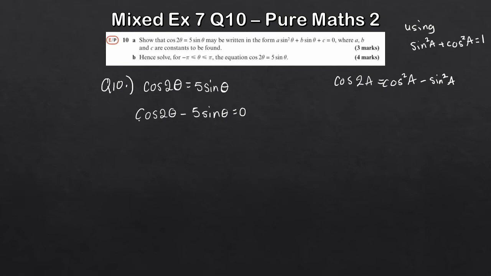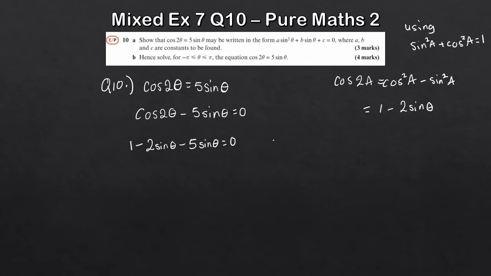So we want a quadratic in terms of sine. So for this case here, we need to use the fact that we can write this as 1 minus 2 sine squared theta. Okay, so using that information now, we can write this as 1 minus 2 sine theta minus 5 sine theta is equal to 0. Okay, so this is equal to 0 now.